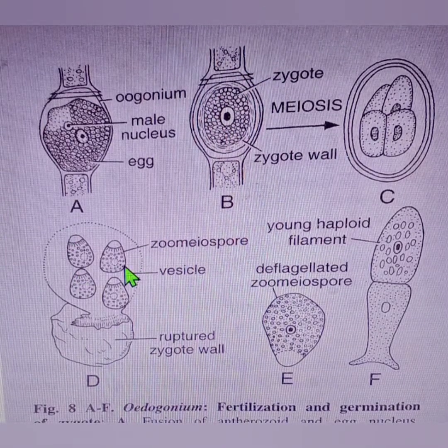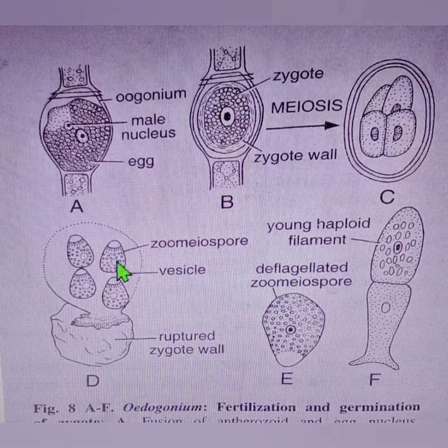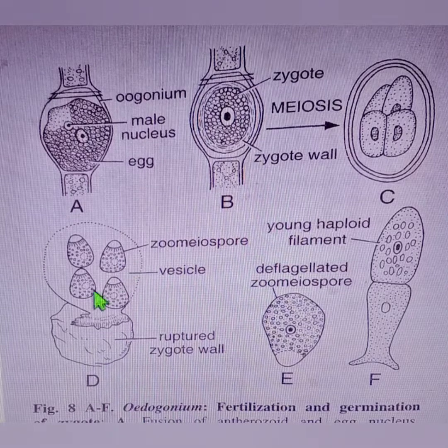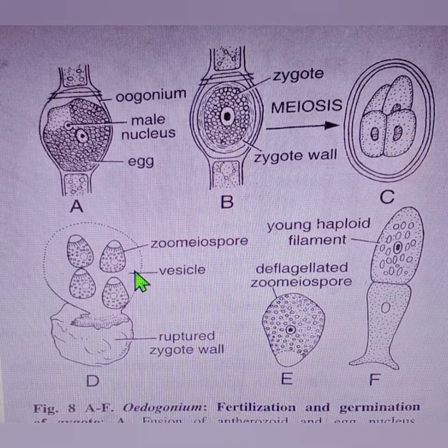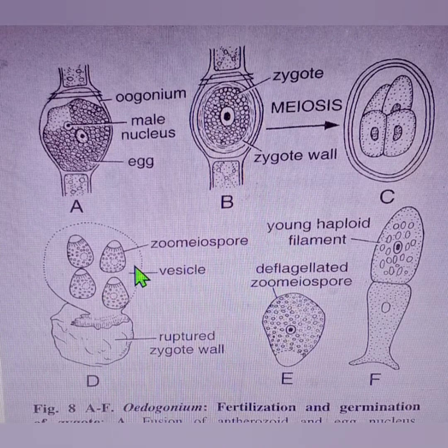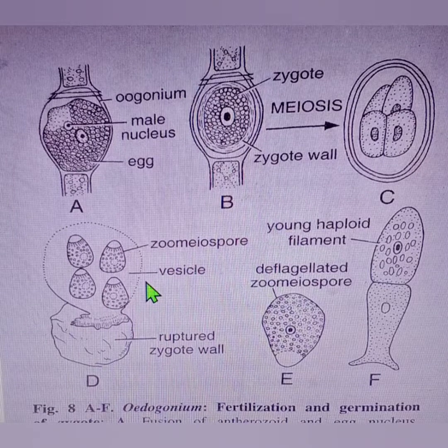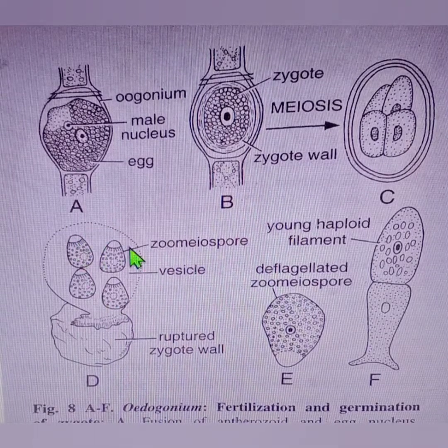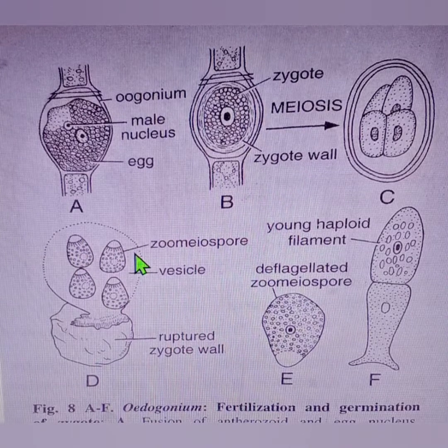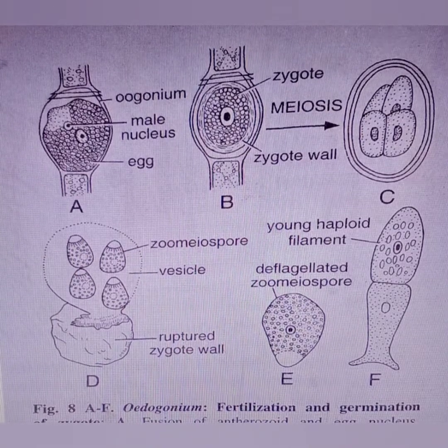This zygote will then settle down at the bottom of the pond or lake, and it will undergo a period of rest, that is the dormant period.